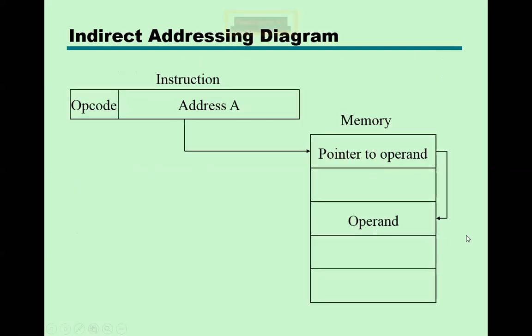The next one is indirect addressing. As I told you earlier at the beginning of the lecture, by the name only you can easily remember the whole concept. Why is it called indirect addressing? Because if you observe here, the opcode is there, for example add, and the address is there for add A. This address points to memory, but the memory address again points to the operand.